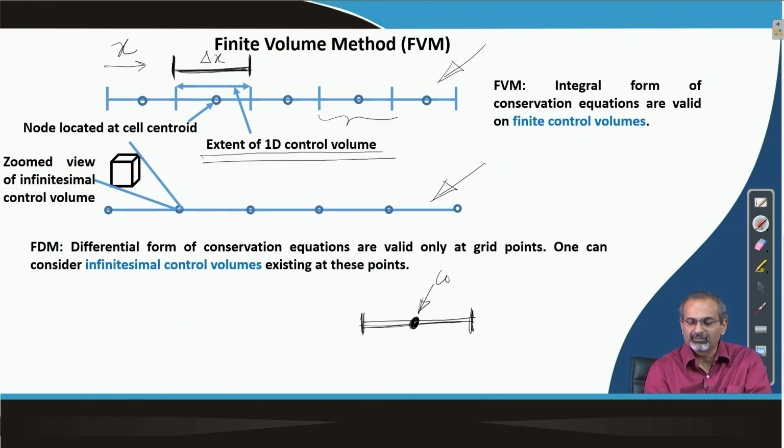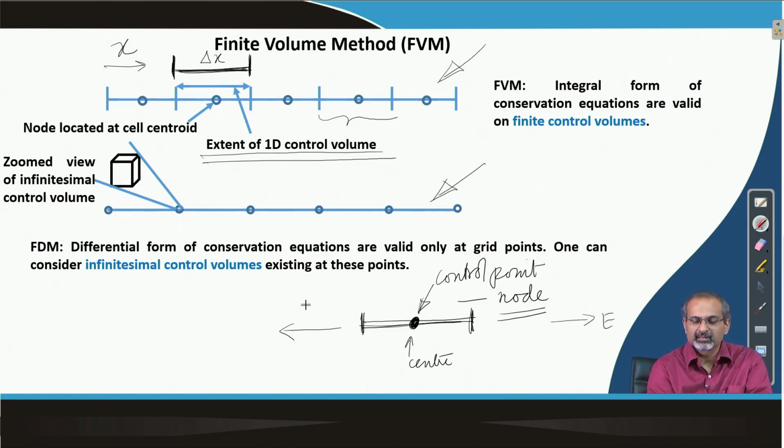So, we choose to have a control point which is often called a node, and it is located at the center of the control volume. Now, since this is a one dimensional control volume, we can call this direction east, this direction west, and we can name this face of the control volume small e, this face small w, for example.